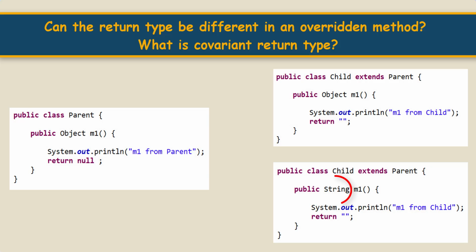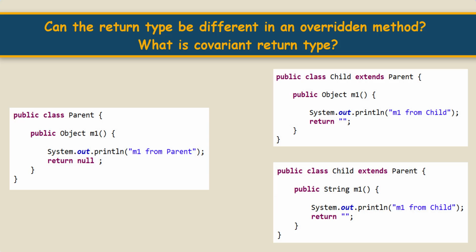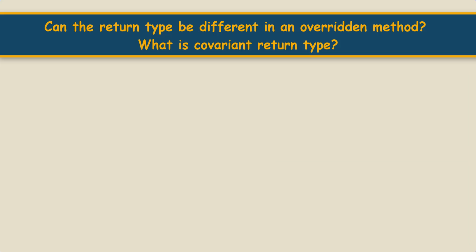Here I am going to use a subclass, for example the String class. So public String m1 in the child class. The String class is a subclass of the Object class, so that is allowed. Any subclass of the Object class you can use as a return type for this m1 method in the child class. This concept is called a covariant return type.